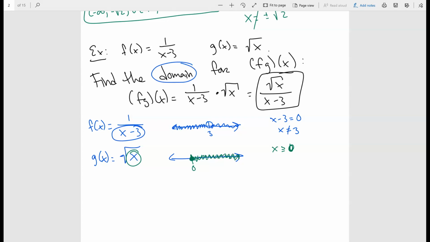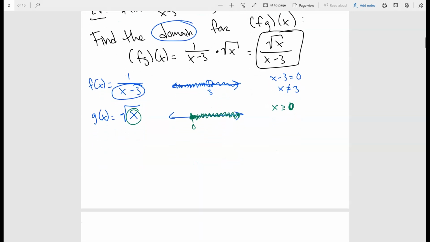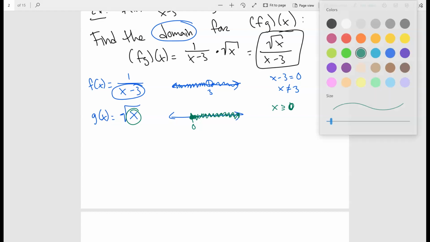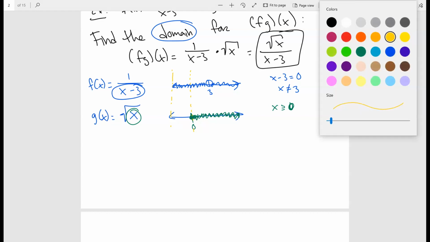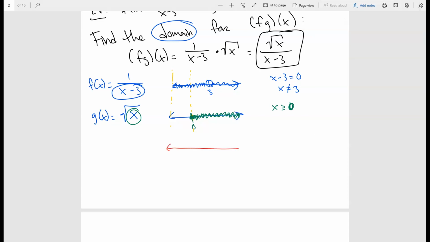Okay, so the domain is going to be the intersection between these two different domains. So what you got to do is think about where both of these guys have everything in common. So if we think about starting from negative infinity all the way until 0, you can see that there's nothing in common, because they're not both matching. The first number that they end up matching is what?